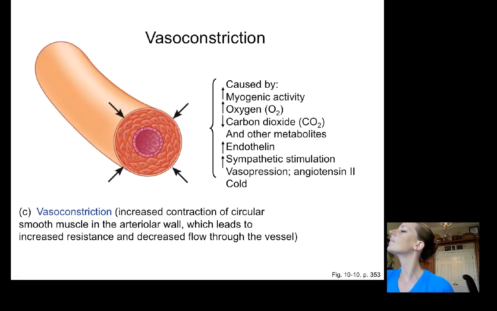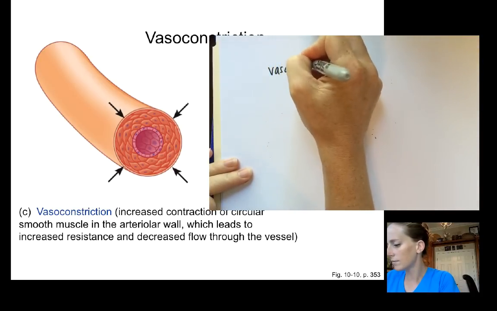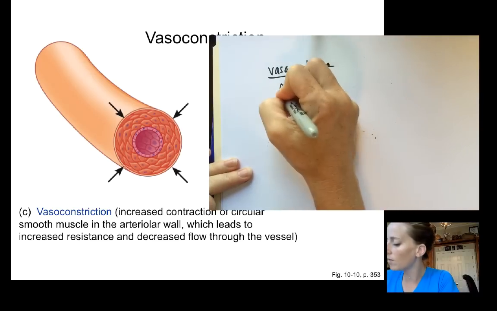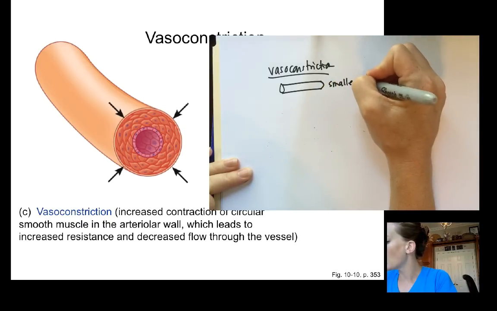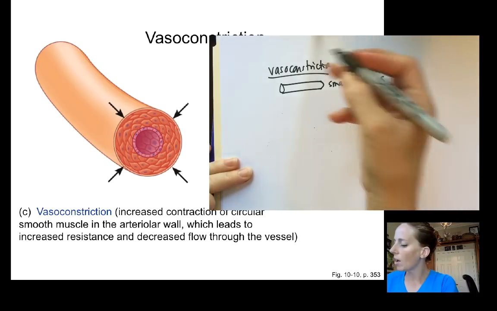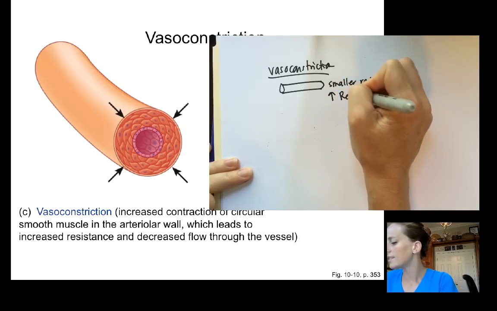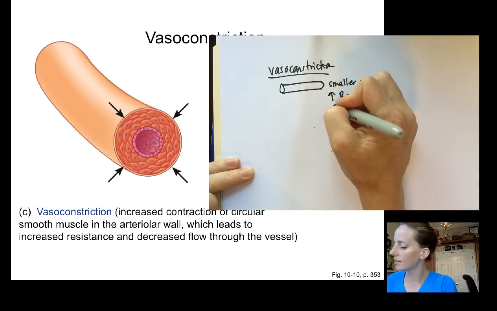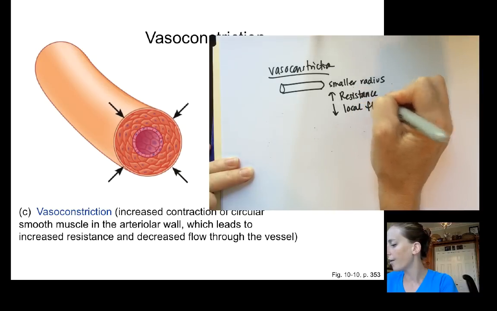So vasoconstriction is going to be a smaller radius. A smaller radius is going to increase resistance. If we increase the resistance, we're going to decrease local flow.